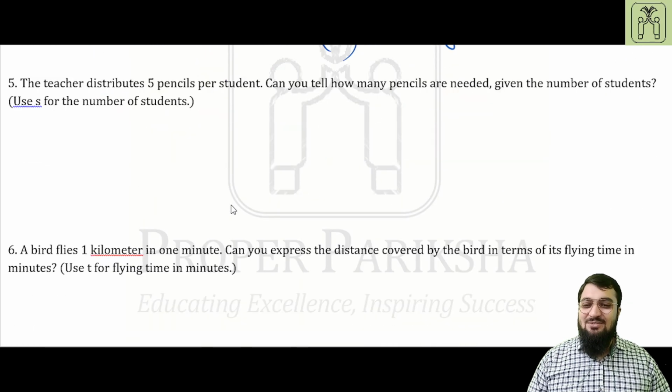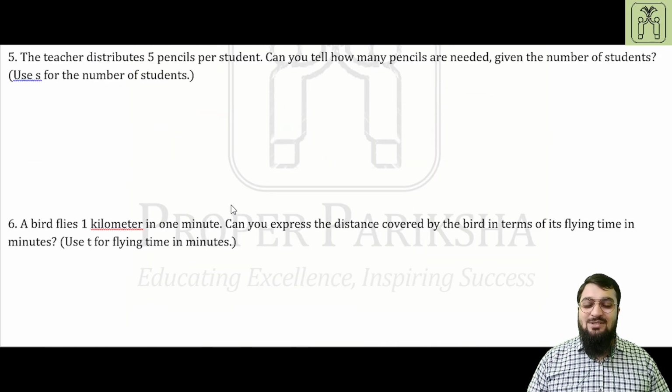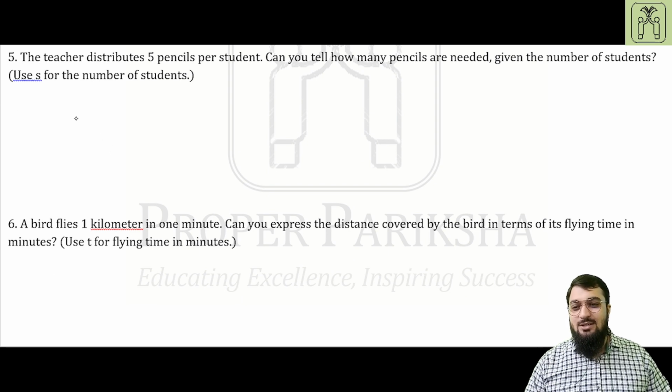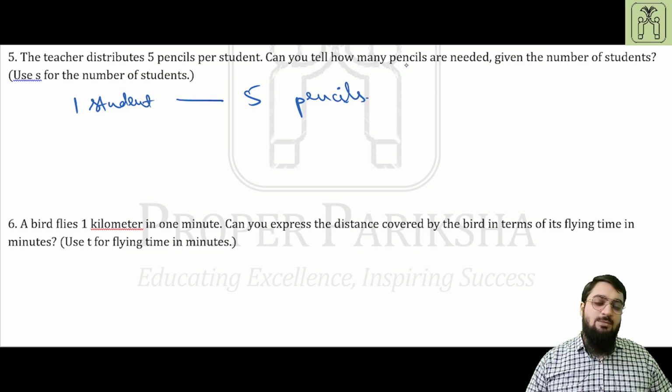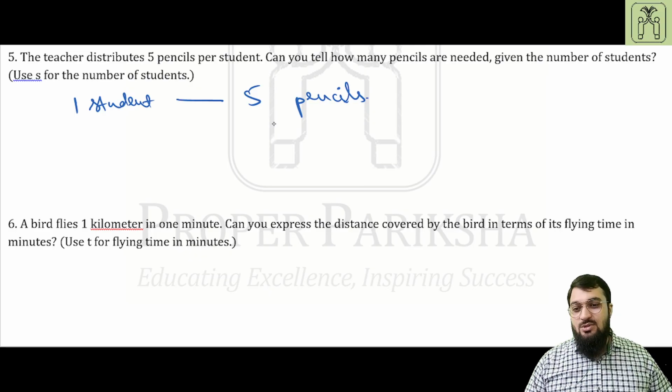Question number 5. The teacher distributes 5 pencils per student. Okay, the distribution is done so that one student gets 5 pencils. Can you tell how many pencils are needed given the number of students? Use S for number of students.